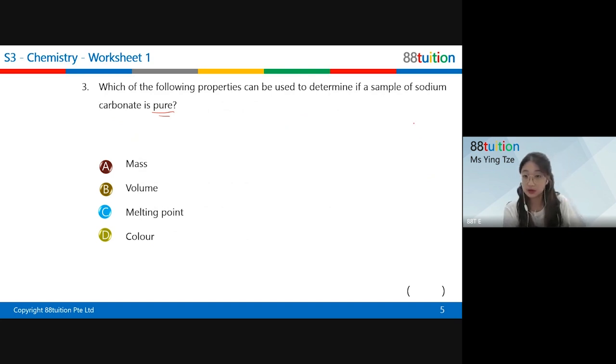Okay, most of you got the right answer, which is C. To determine the purity, we always use either the melting point or boiling point.